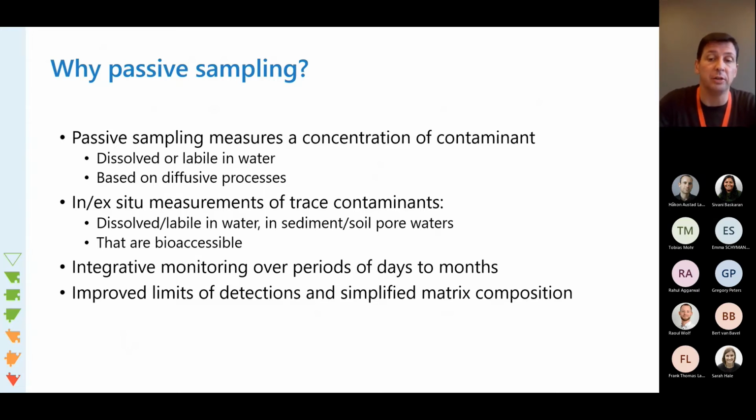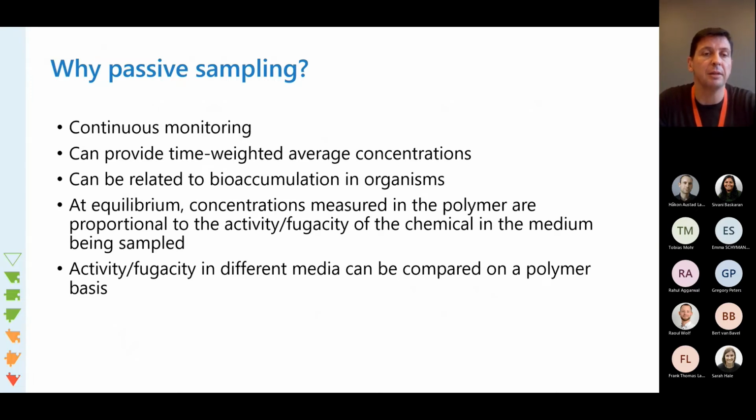And in some cases, we can use that also to simplify the matrix of the sample we're going to be extracting and analyzing in the lab. So we have this continuous monitoring. We can provide some time-weighted average concentrations for certain substances. We can relate what we see with a passive sampler to what bioaccumulates in organisms in water.